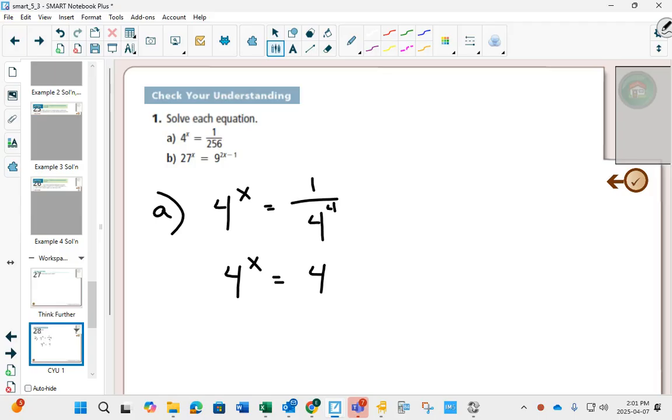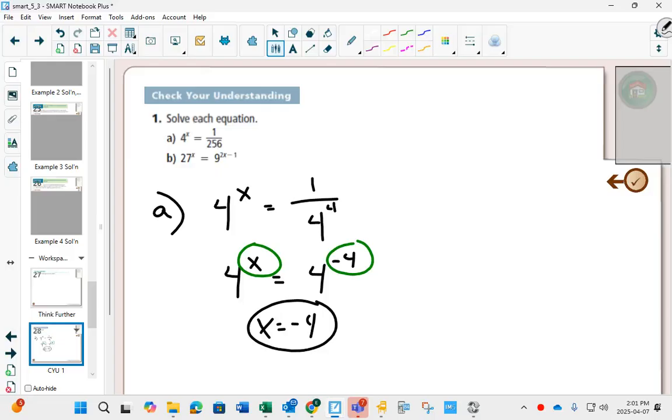Because my goal is to write both sides with the same base. How do you move this 4 to the 4 to the top of your fraction? A negative exponent law. What could x possibly be now? x has to be negative 4. So if you can get both sides with the same base, then the exponents have to be equal.